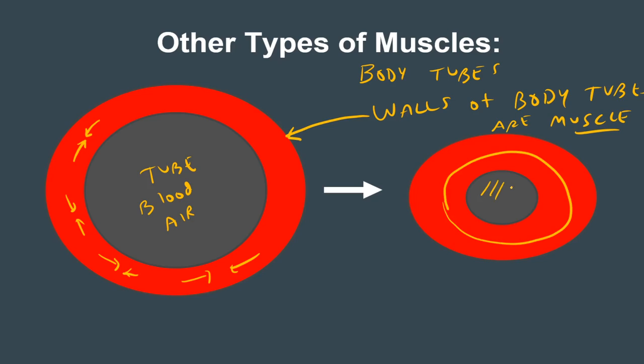So you're going to squeeze the tube. The tube gets smaller inside. So this is how your tubes can open up, or close down. And that is all under the control of these muscles.